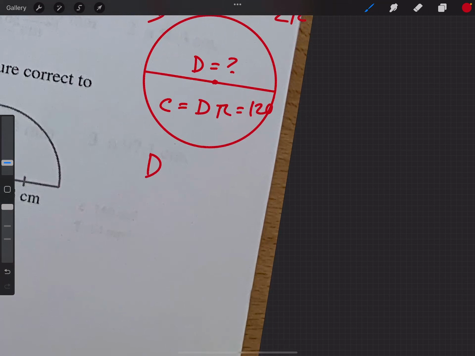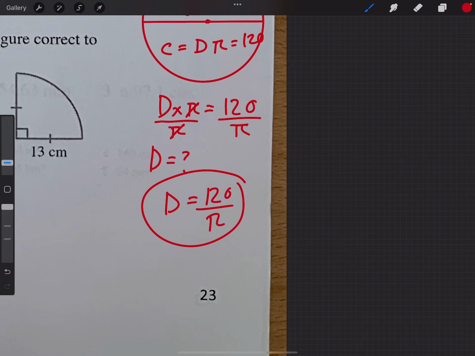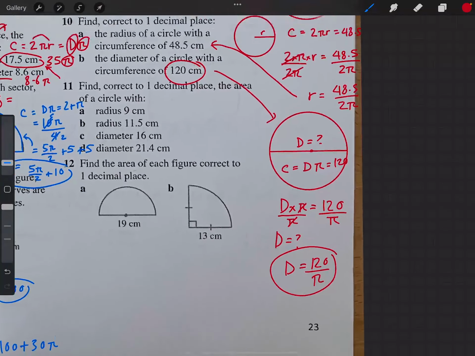So diameter times pi is equal to 120. How do we find the diameter? Well, we divide both sides by pi. So diameter is equal to 120 divided by pi. Just use your calculator and work out what that is.